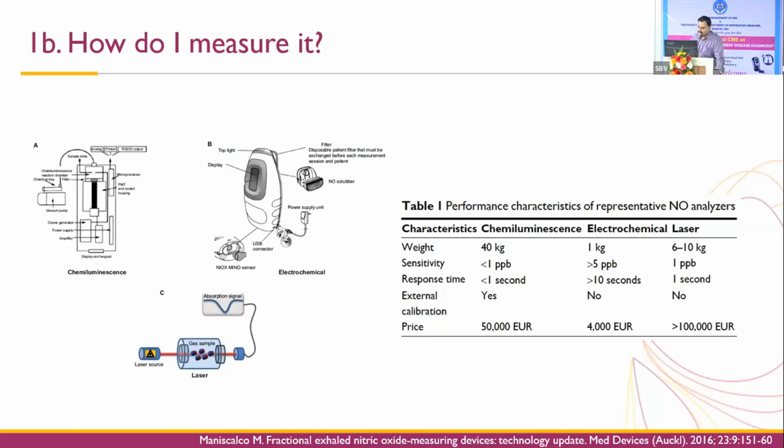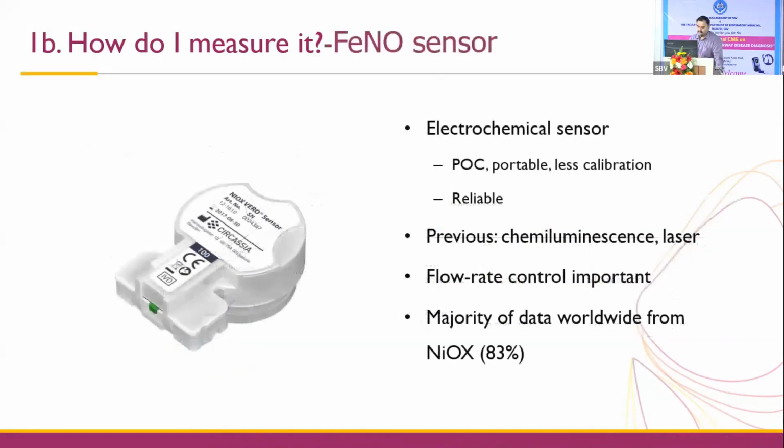And this is the middle one that I want you to focus on. It is portable, has fair sensitivity, a decent response time, and does not require much calibration. And most importantly, like Douglas Adams says, it is cheap. So these are the three techniques, and this is the one we are currently using.